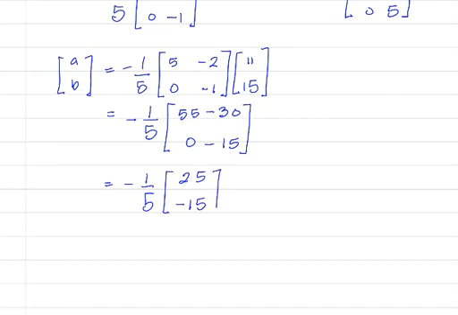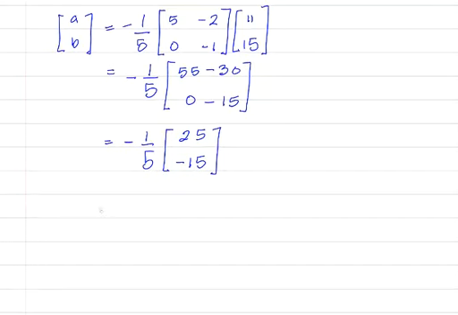So we're going to multiply both elements by 1 over 5. Multiplying by 1 over 5 is the same as dividing by 5. So the matrix Q would be equal to minus 25 over 5. And a negative times a negative is a positive.